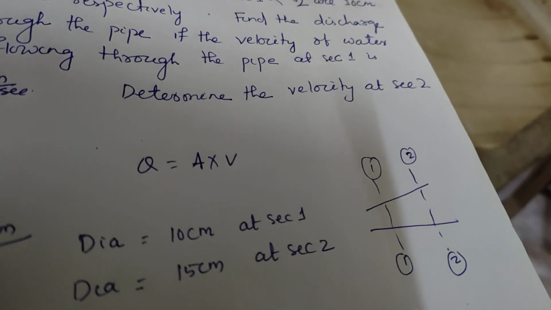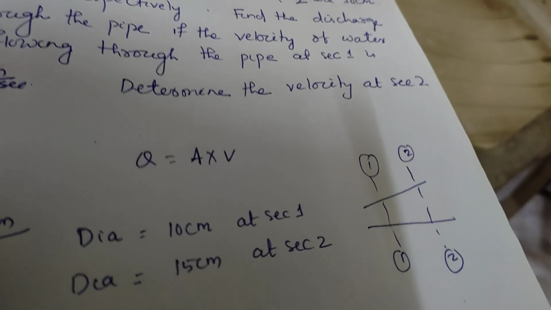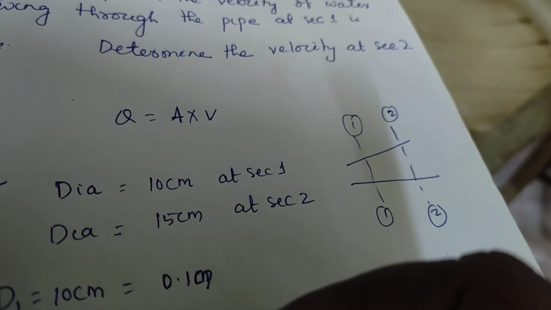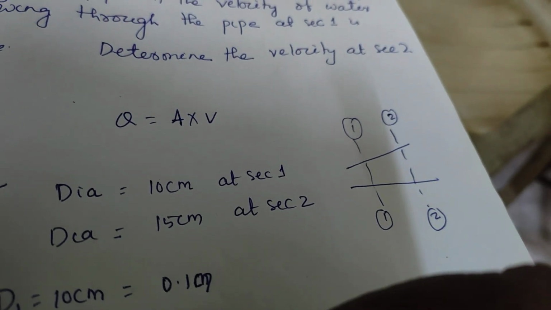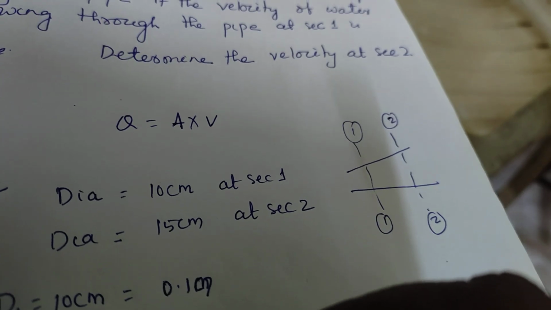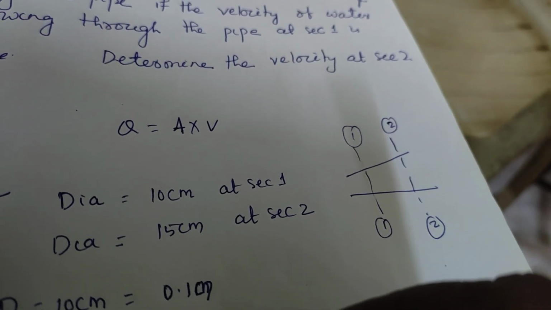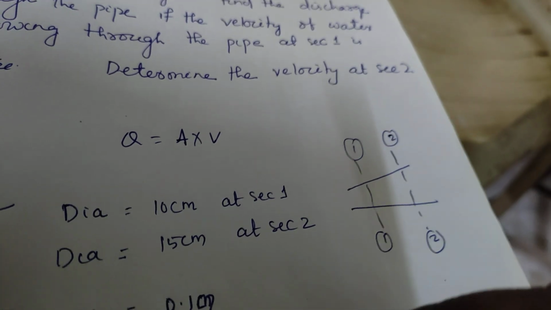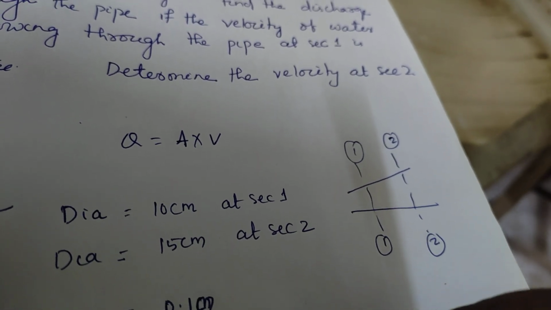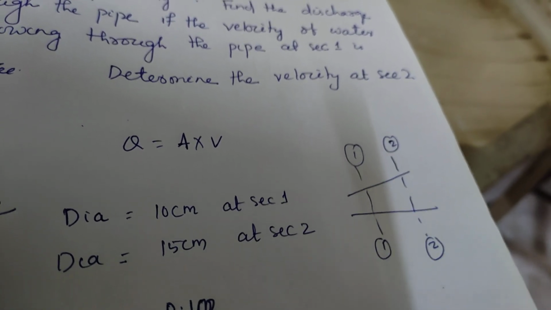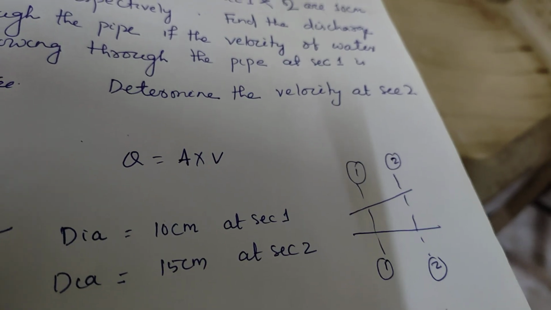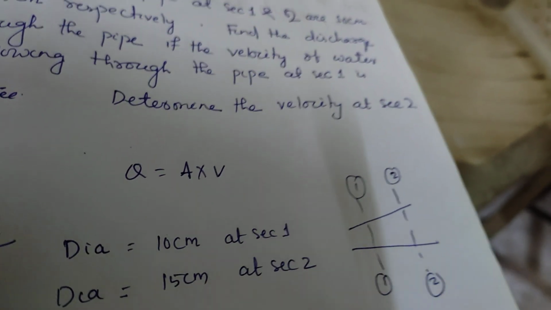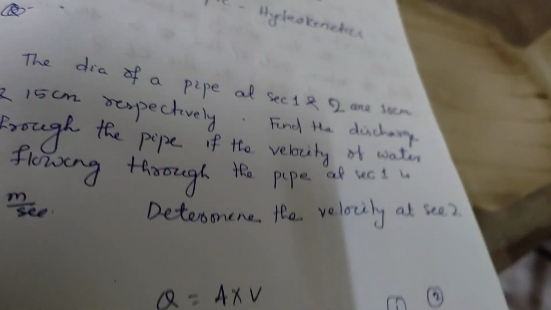Then d2 equal to 15 cm, that is 15 divided by 100 meter equal to 0.15 meter. So that is 0.1 meter, that is 0.15 meter.